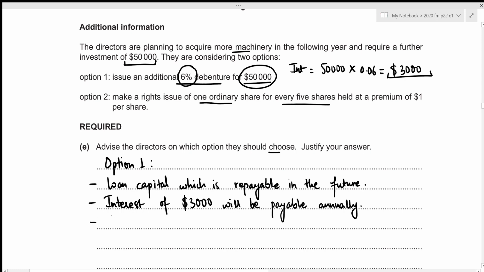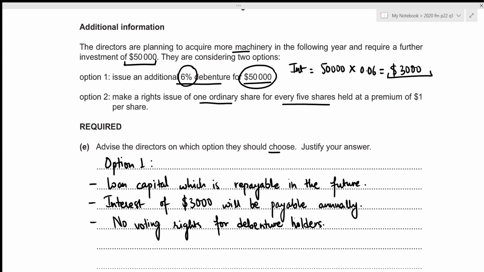Let's write it down. No voting rights for debenture holders. And since we are issuing additional debenture, this is going to increase the external borrowings.